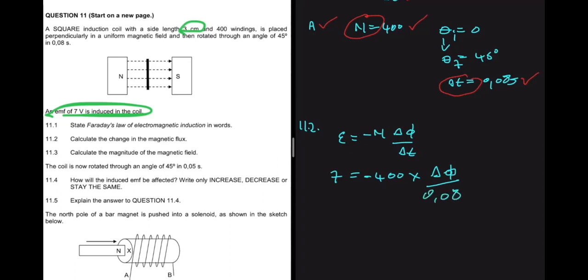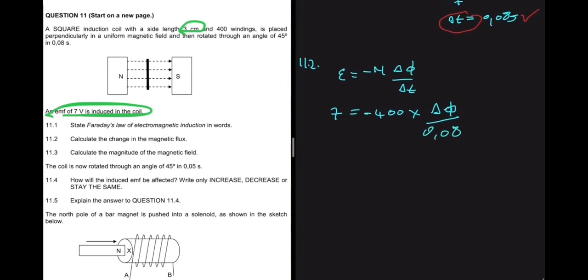So you can see here that we're going to cross multiply. If we do that, we're going to get minus 400 multiplied by the change in the magnetic flux being equal to 7 multiplied by 0.08. So the change in the magnetic flux will be equal to 7 multiplied by 0.08 divided by minus 400, right?